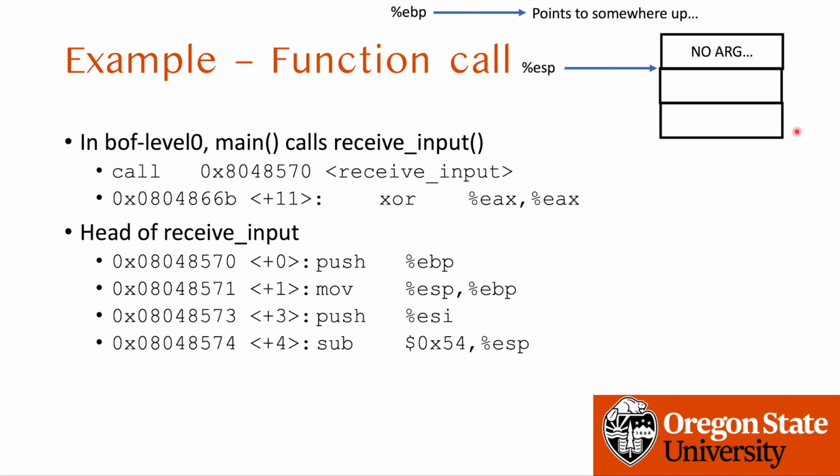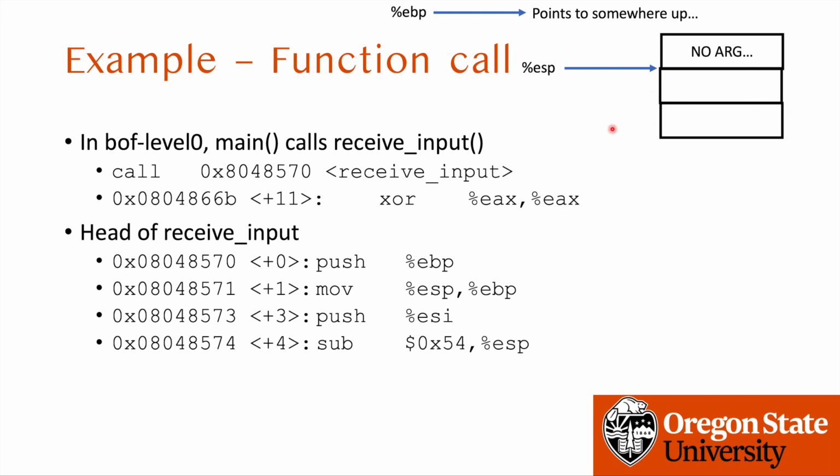The initial stack state before calling the function looks like this, because we don't have any local variables in the main function. There could be some values stored here, but to simplify the case, we can regard nothing on the stack.